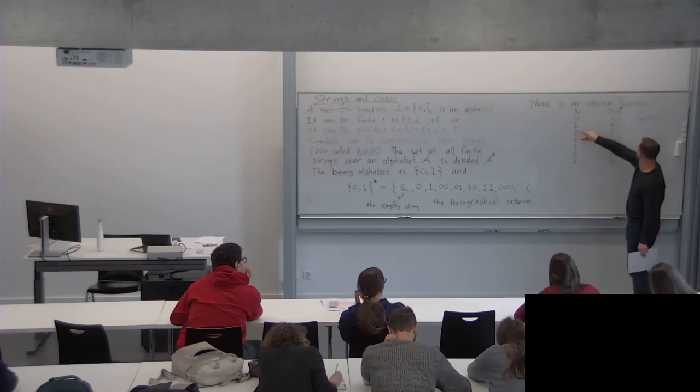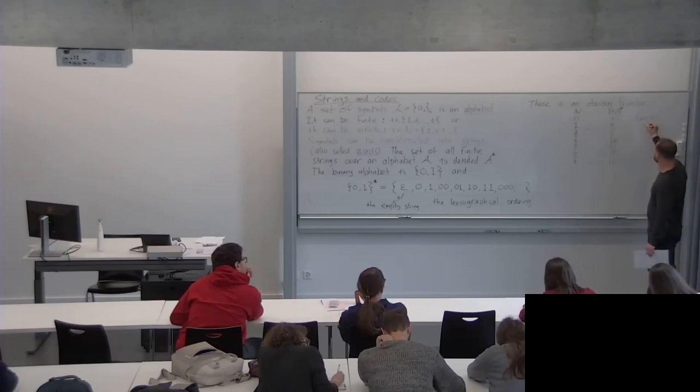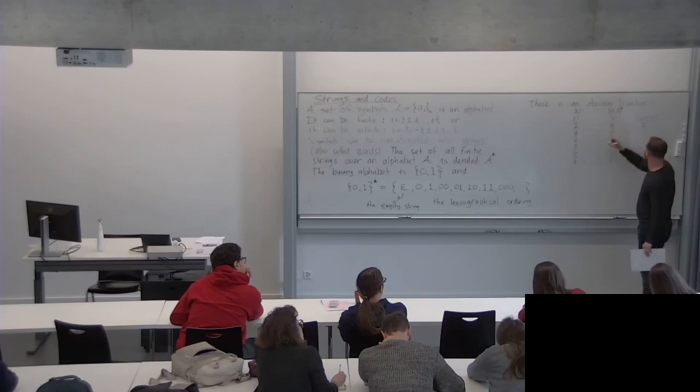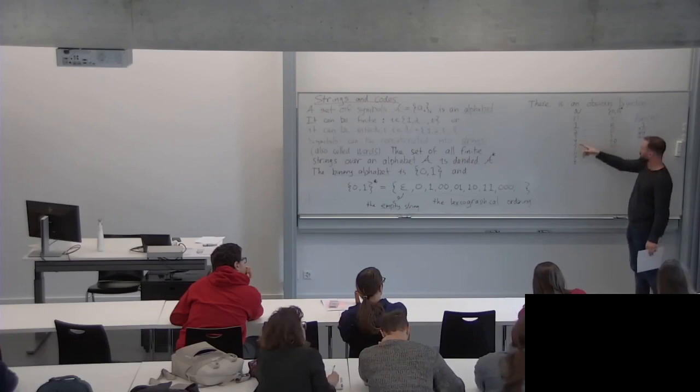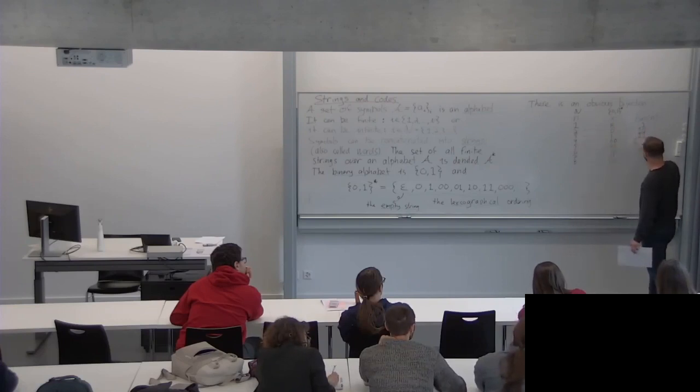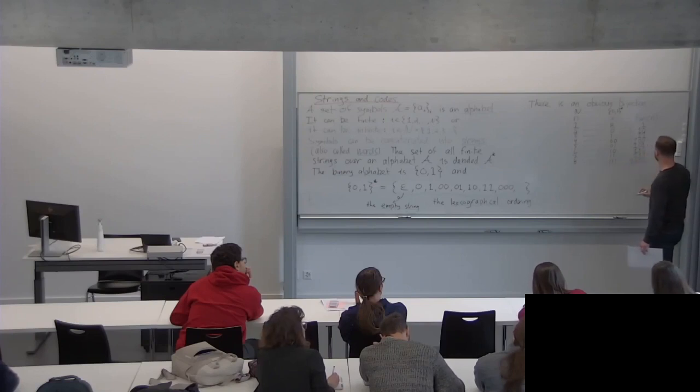So the number n, if I write it in binary, is 1, and 2 in binary is 10. 3 in binary is 11. 4 in binary is 100. 5 is 101, and then 110, 111 for 7. 8 is 1000.